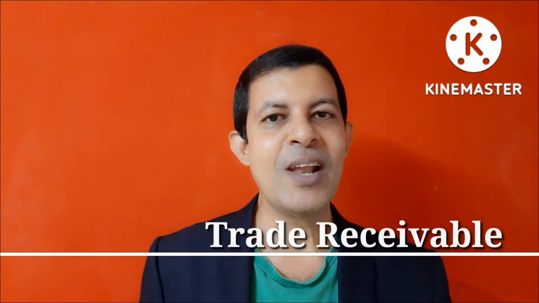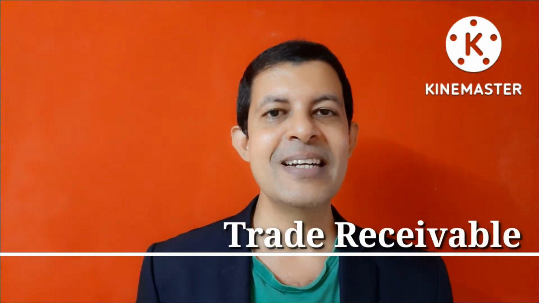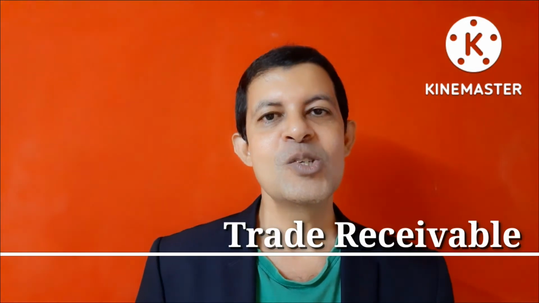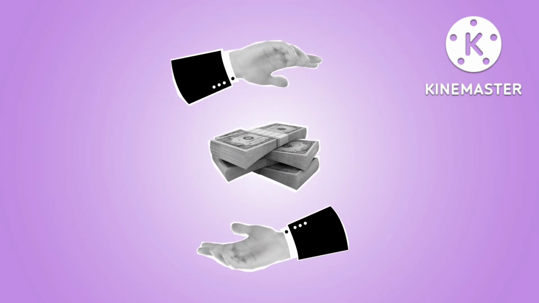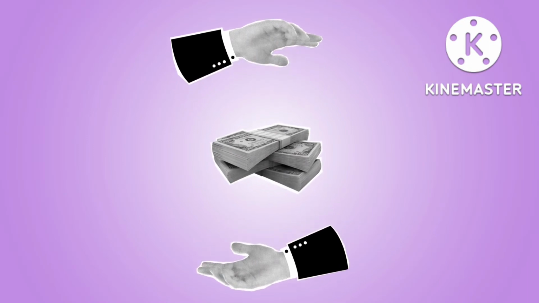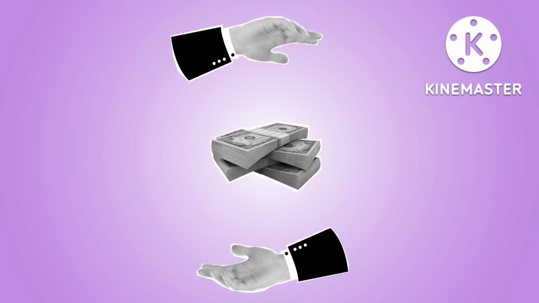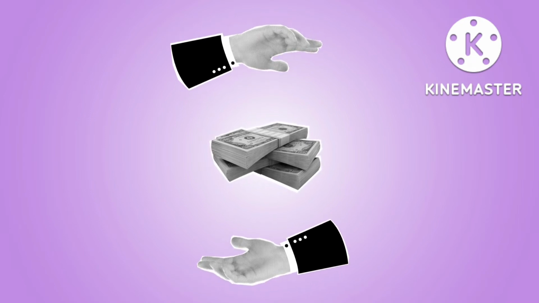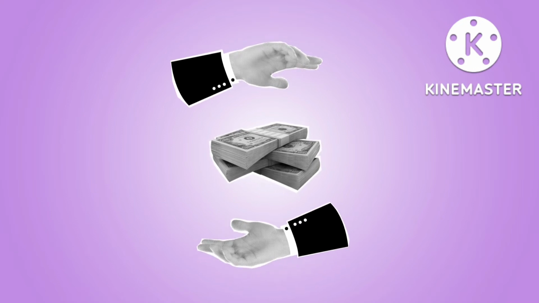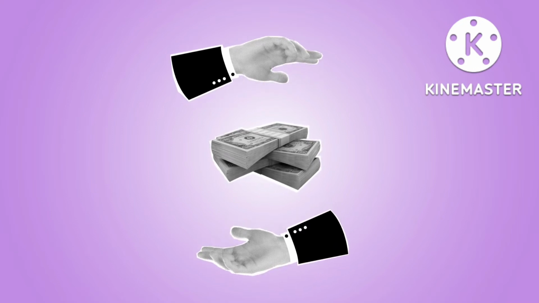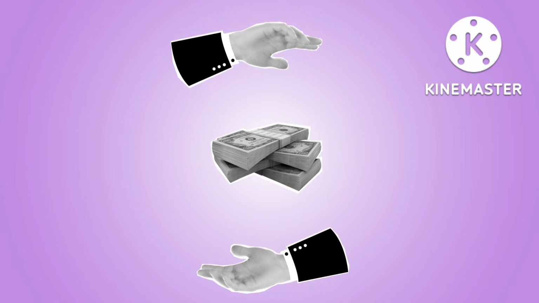Now the last topic within the asset part is trade receivables. Trade receivable is classified most of the time into current assets. This is what the company is expecting from its retailers as cash back to itself. Out of goodwill or out of certain promissory notes, the company would have issued products to its retailers on the expectation that they would pay back at a point of time.